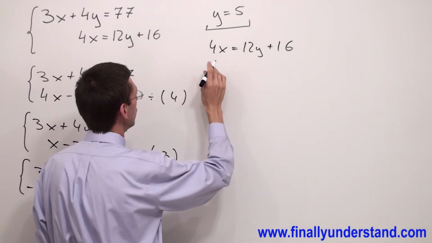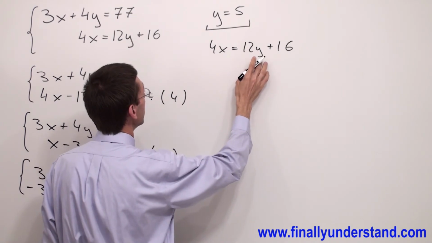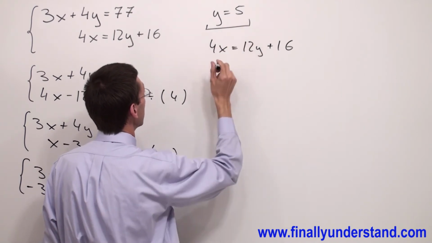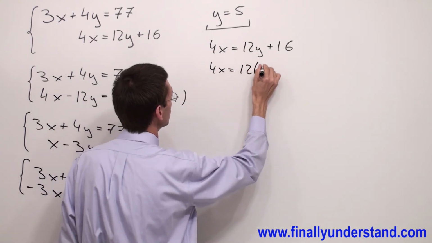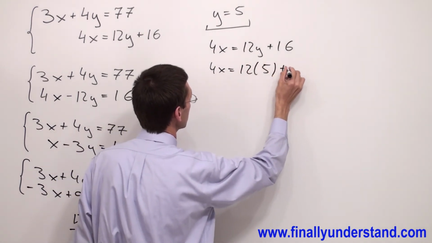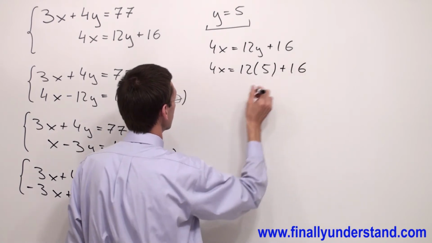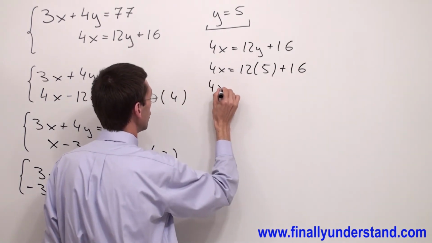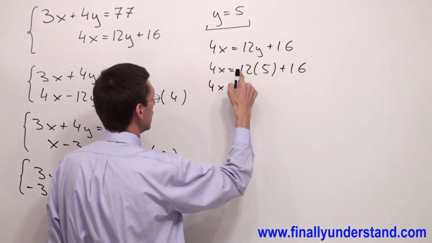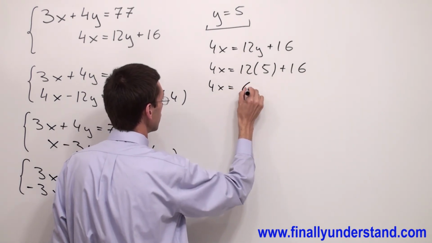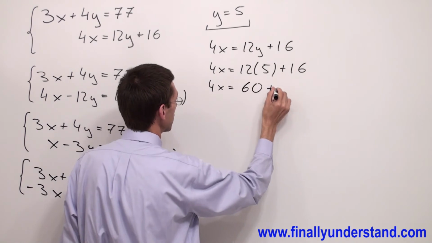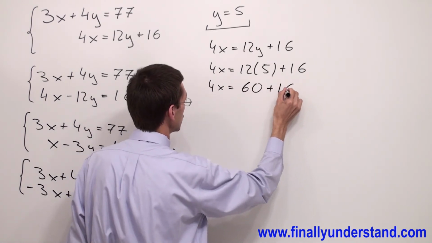Okay, so now we're supposed to replace y by 5. So simply write 4x equals 12 times 5 plus 16. I have 4x equals 12 times 5 is 60 plus 16.